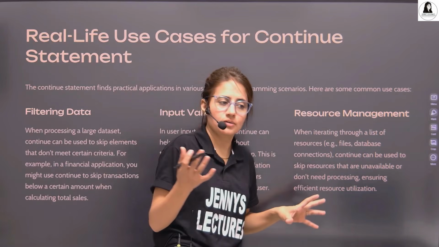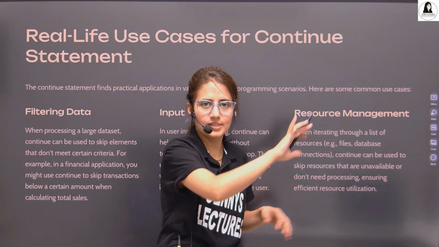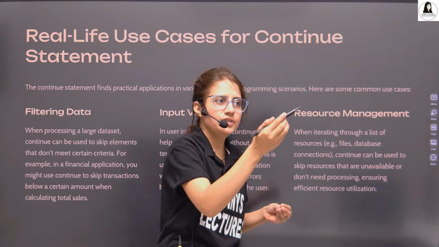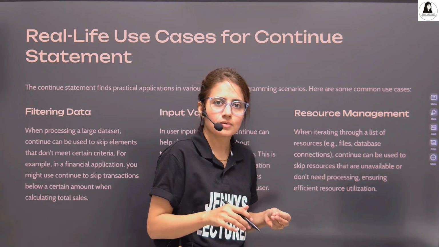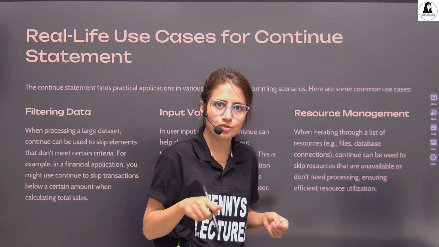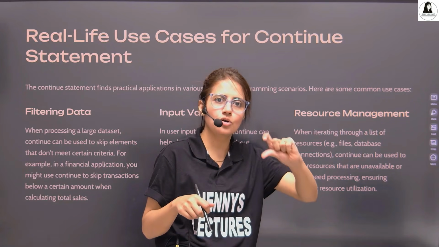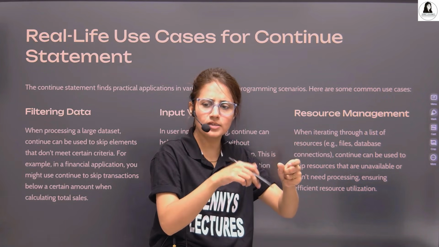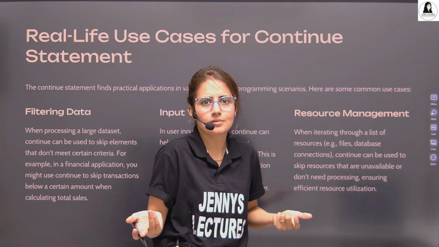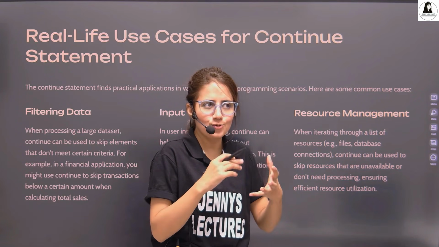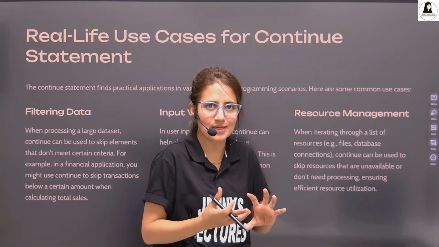If I'm checking your assignment or exam copies of students, and there is some invalid or wrong answer, it's not that I'll stop checking that student's answer sheet. I'll just give 0 marks and continue with the next question, the next answer. That's it. So this is an example of continue statements.